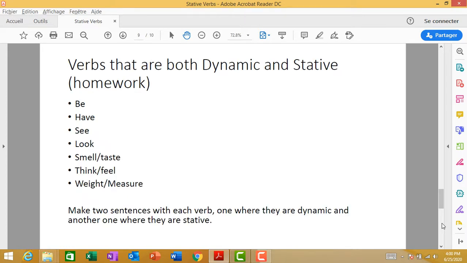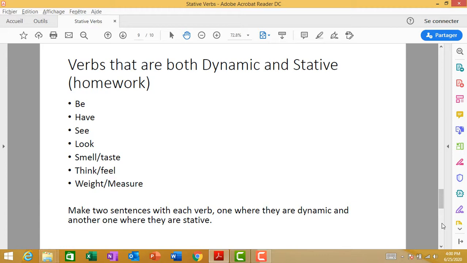And yeah, like I said, this was going to be a very short lesson on stative verbs. But what I want you to know is some verbs can be both dynamic and stative. For example, in this list here, these verbs can be dynamic and they can be stative. Here you see it's written homework, but it's not really homework.